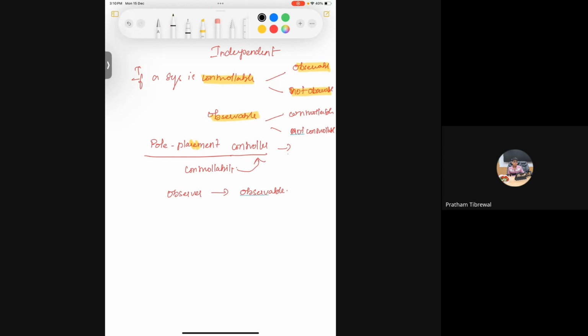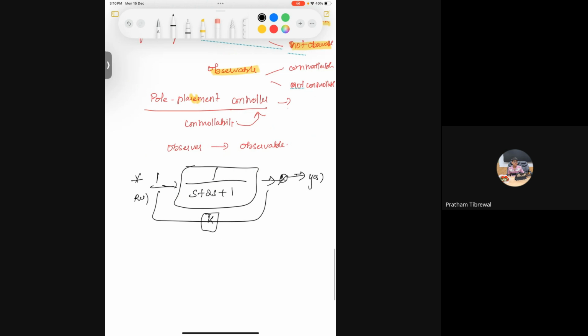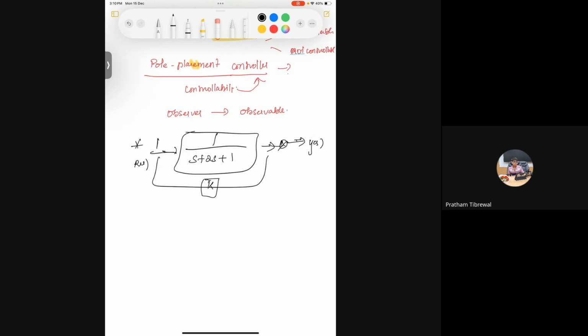So the steps to do this: I have a system, 1 over (s plus 2)(s plus 1), let's take, this is my actual plant. And I want to design a K. I'm asking you to find a K, with y of s as the output and r of s as the reference, so that the closed loop poles are at (s plus 1)(s plus 2), that is s plus 3s plus 2.